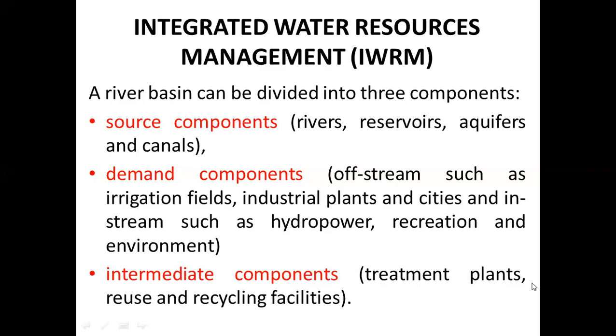That means it goes to the treatment plants, it is recycled there, and then it is reused, and after reuse it is sent back to the source component. So basically, source, then demand, and whatever water is used and discarded goes to the treatment process and is sent back to the source component. So it's all cyclic.